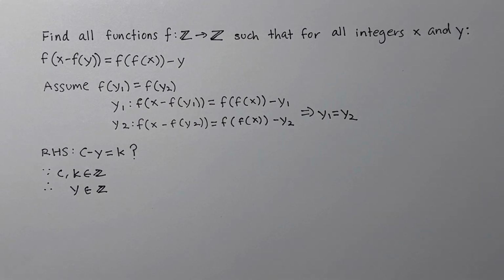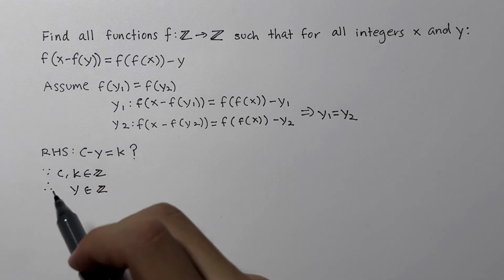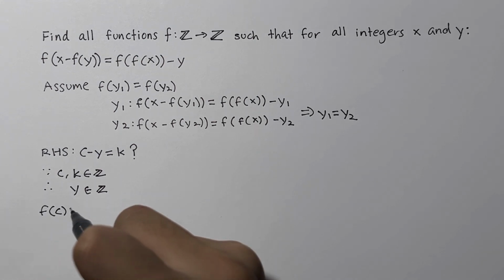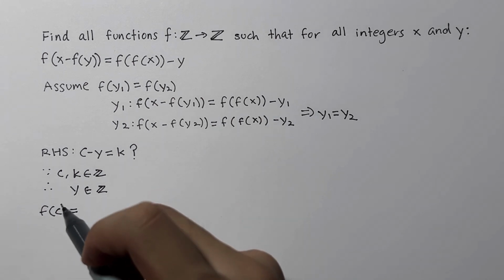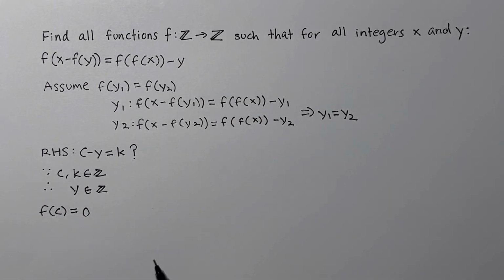Now, since the function is surjective, there must be some integer input, which we can call lowercase c, that produces the output 0. So we can say that f of c equals 0. This is our secret key. Let's substitute y equals c into the original equation.